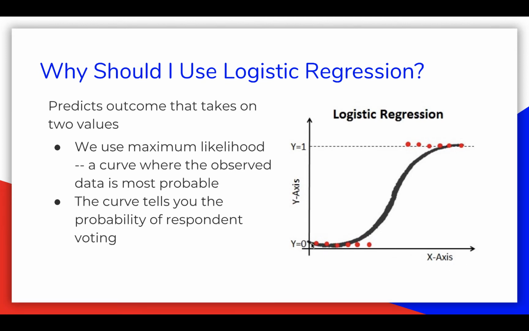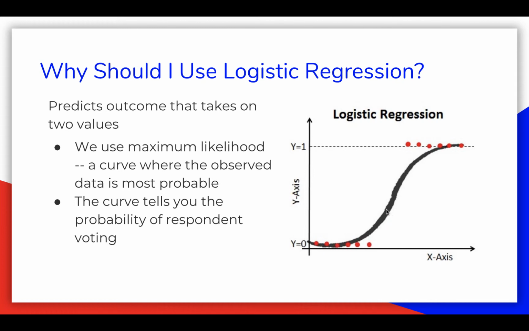The probability for someone with, say, 6 years of education voting is fairly low, probably around 5%. So someone with low levels of education has a predicted probability of 5%, a 5% chance of voting.